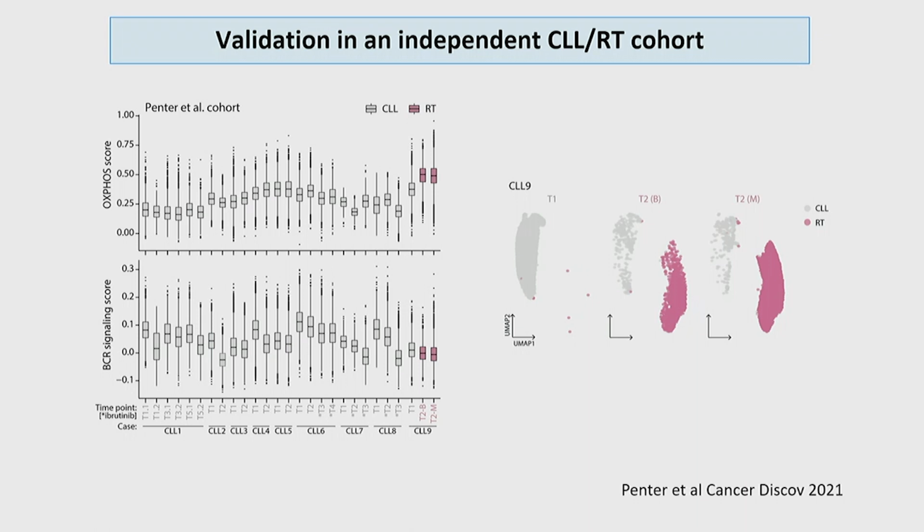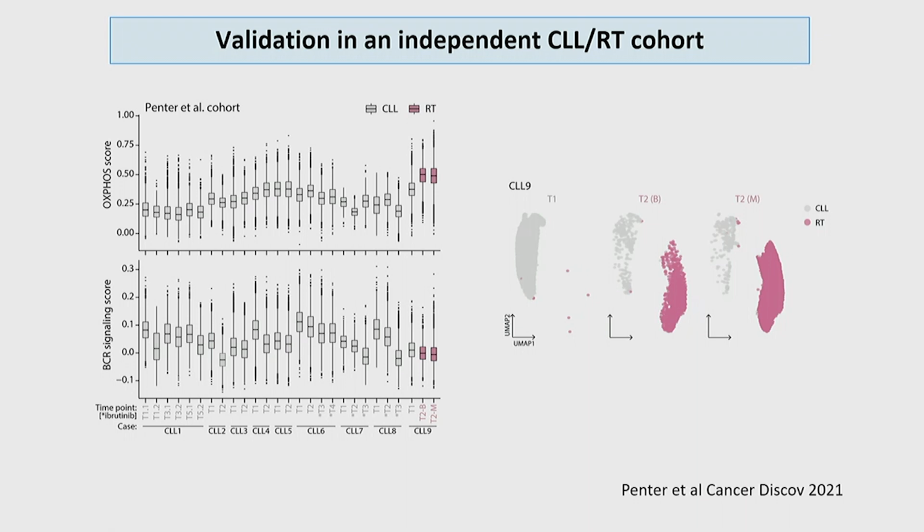And also, we took advantage of a series of cases published by the Kathibu group early last year, in which they have one case of Richter, this is their case. And we looked at the OXPHOS pathway in this case, and at the B-cell receptor, compared to the CLL of this patient, and you can see that, again, in this patient the OXPHOS was high and the B-cell receptor was slightly lower.